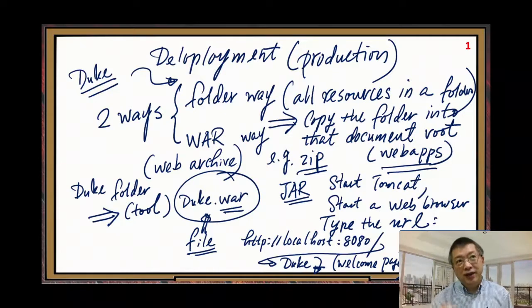So the convenience is that people can send this file the usual way to different Java servers. Then at the receiver side, it can be deployed easily and directly. So that is its advantage. So these are two different deployment methods.